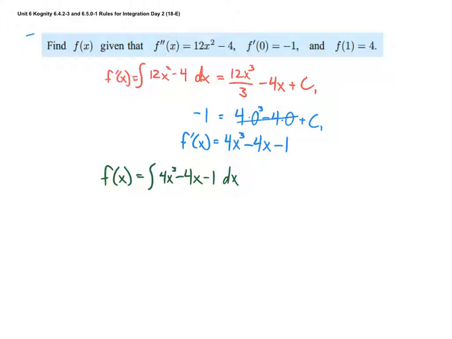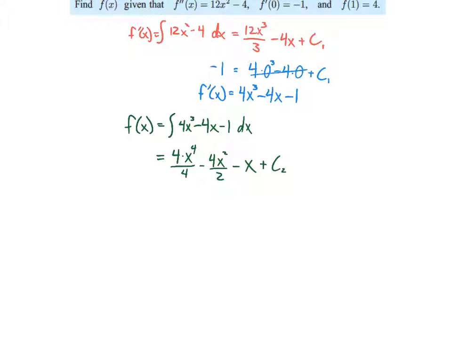So now we have 4 times x to the 4th over 4 minus 4 times x squared over 2 minus 1x plus a different constant, c2 we'll call it. And of course we can reduce those. So we just have x to the 4th minus 2x squared minus x plus c2 equals the f of x.